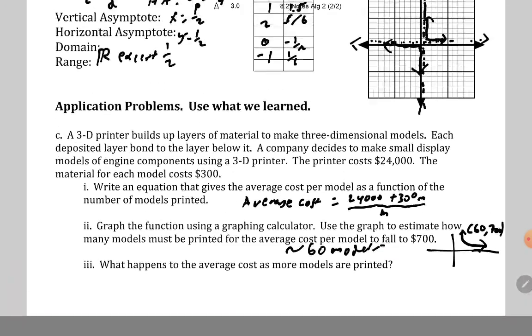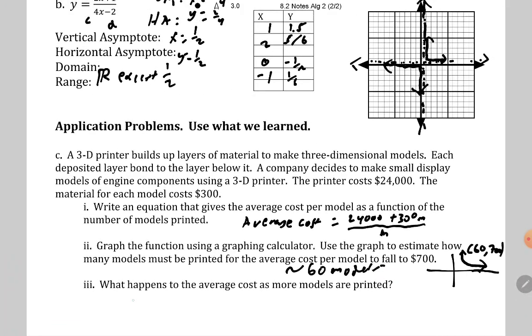Now what happens to the average cost as more models are printed? As more models are printed, the average cost goes down.